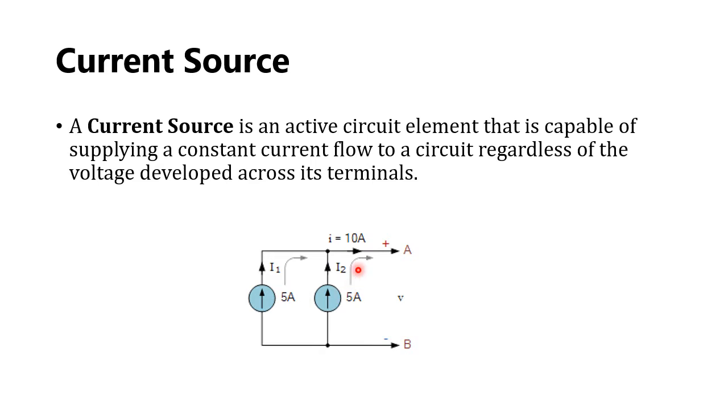I will explain the parallel connection, series connection and other connections later, but for now note that the supply current of a current source will never change or vary regardless of the voltage developed across its terminal.